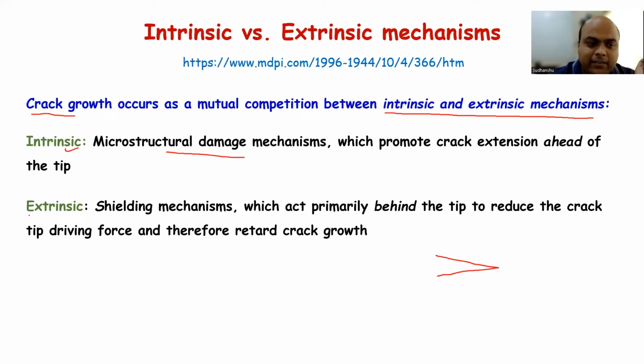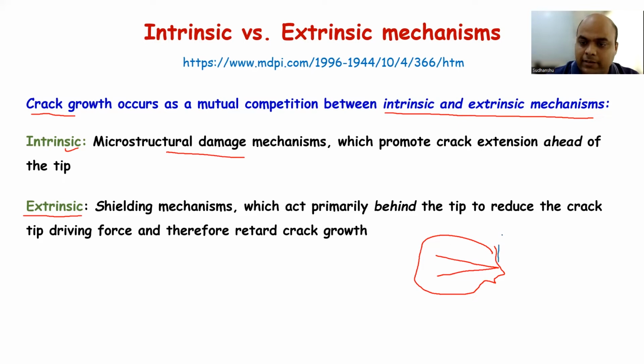Now the second is extrinsic. These are the shielding mechanisms which primarily act behind the crack tip. Okay, so they are going to act in this region primarily. Remember, intrinsic is going to act ahead of the crack tip, and extrinsic is going to act in the wake of the crack tip.